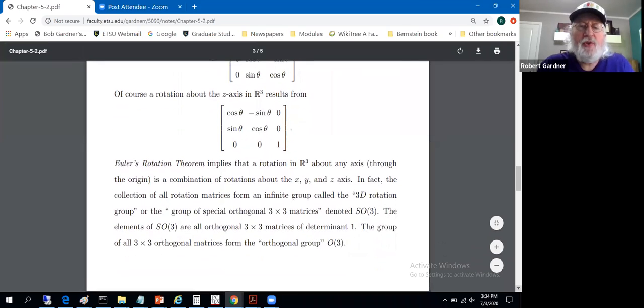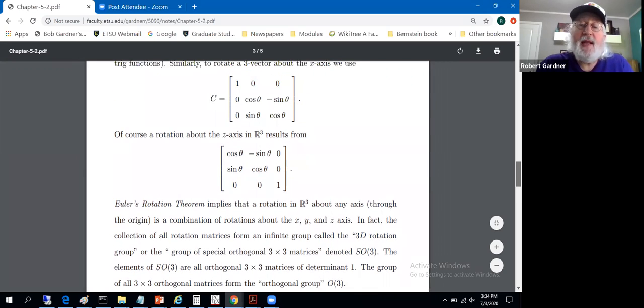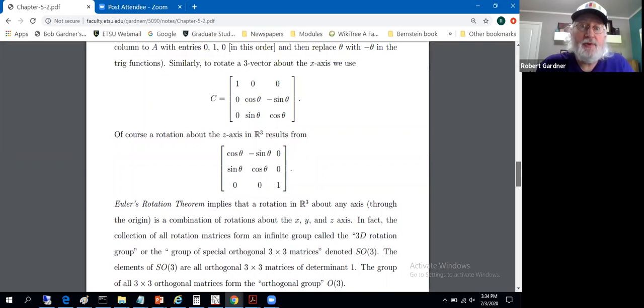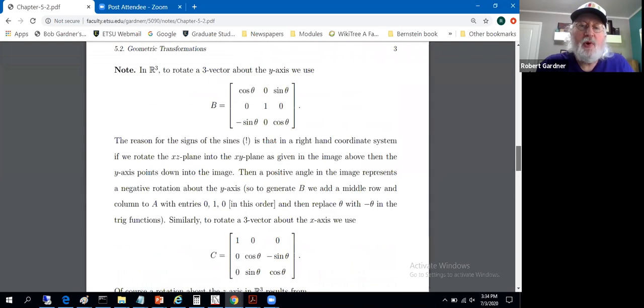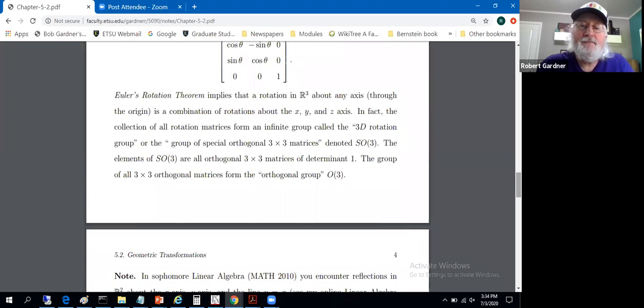Euler's rotation theorem implies that a rotation in R3 about any axis through the origin is a combination of rotations about the x, y, and z axes. So the claim is any rotation about an axis through the origin in R3 is a product of these matrices B, C, and D. We could vary the theta, and that gives us a bunch of matrices.